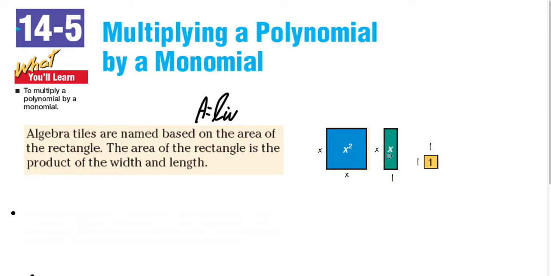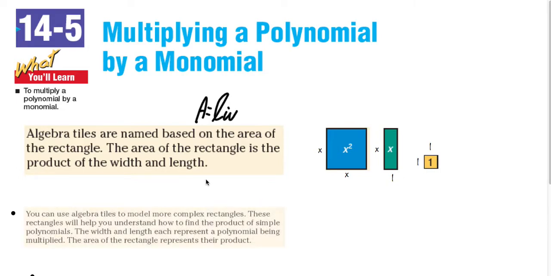Our x tile is a product of a length of x, just like our x squared tile, and a width of 1. 1 times x will give us x. And our unit tile, or our 1 tile, is a product of a length of 1 and a width of 1, which gives us an area of 1.